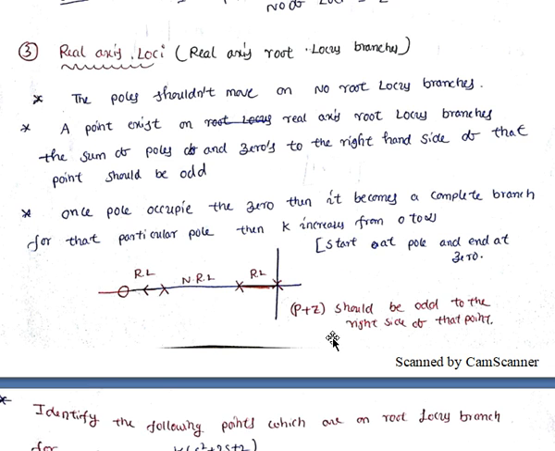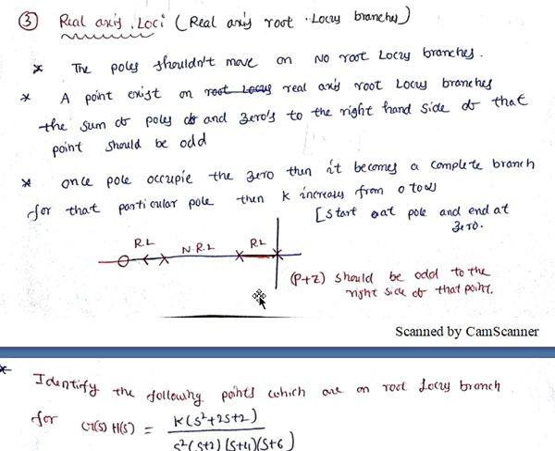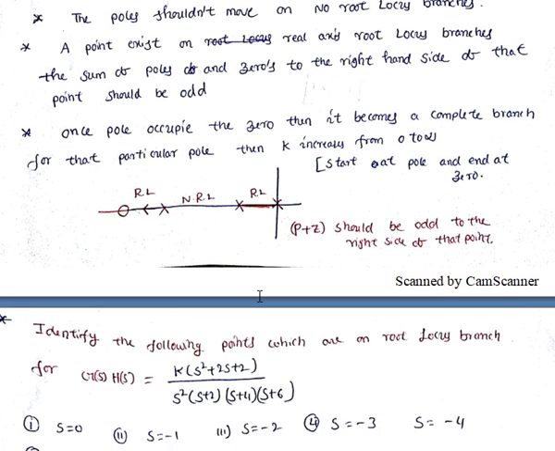Suppose we are assuming this diagram. If p plus z, the count of poles and zeros, is odd, then only root locus branches exist, otherwise root locus branches do not exist. If we take some particular point, then from that point to the right side, the poles and zeros count should be odd, then only root locus exists, otherwise root locus does not exist.